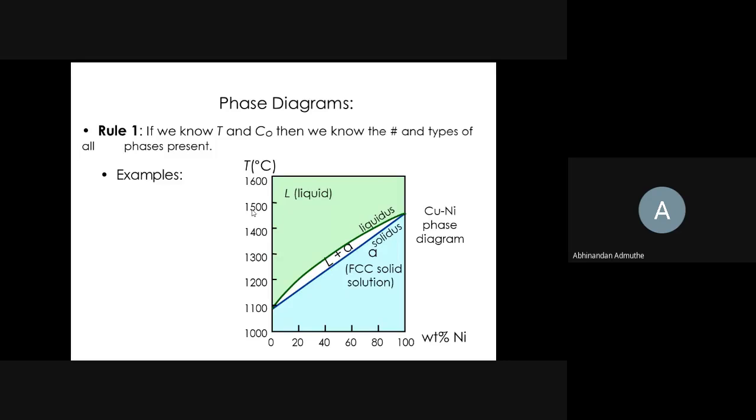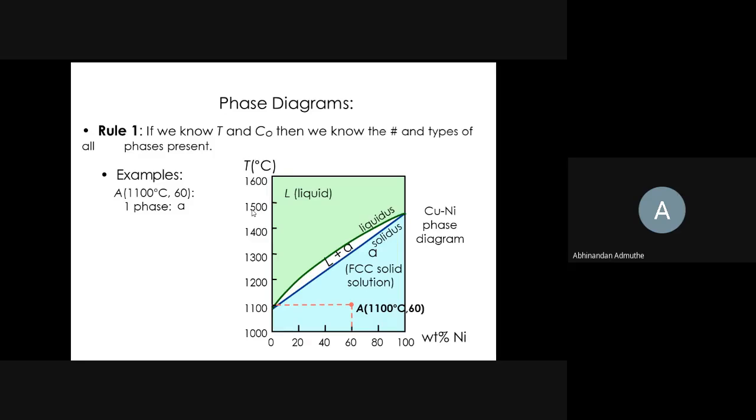If we know the temperature and composition, then we know the types of phases present in the system. An example is point A, where the temperature is 1100 degrees centigrade and the composition is 60 weight percent nickel.